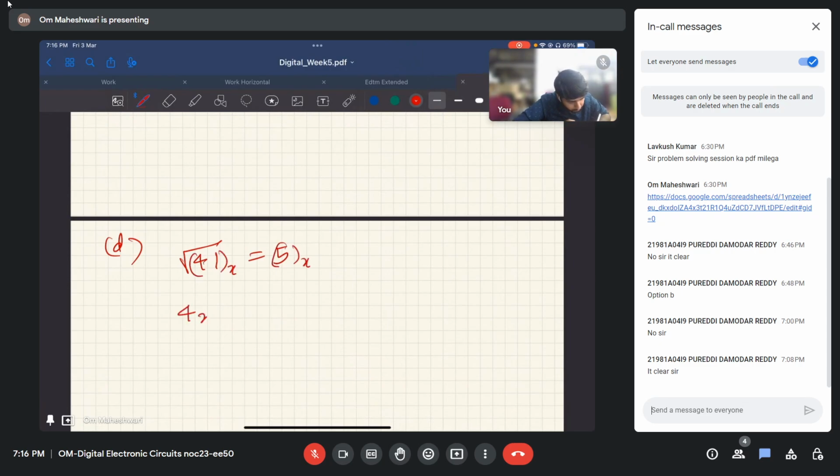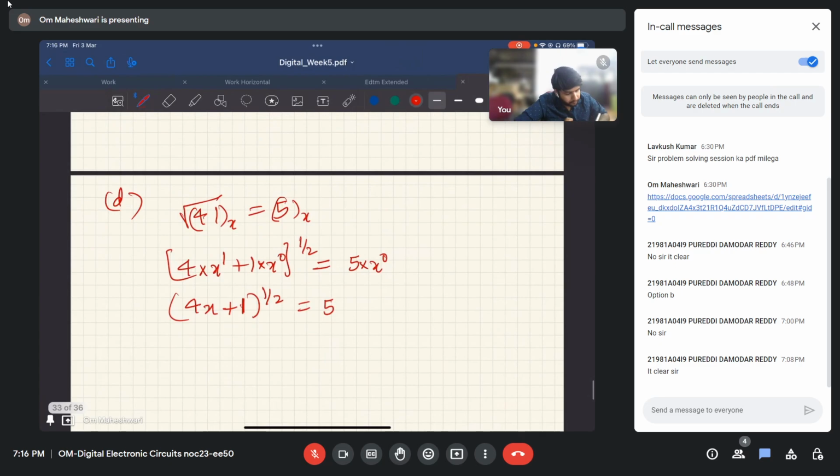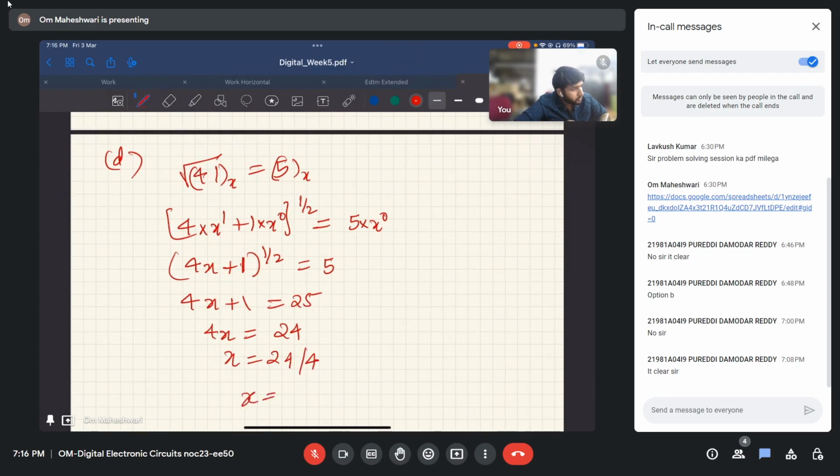So 4 into x to the power 1 plus 1 into x to the power 0, whole to the power 1 by 2, equals 5. So 4x plus 1 under root is 5. If I take the square, 4x plus 1 equals 25. 4x equals 24. x equals 24 by 4. x equals 6. So the radix is 6.